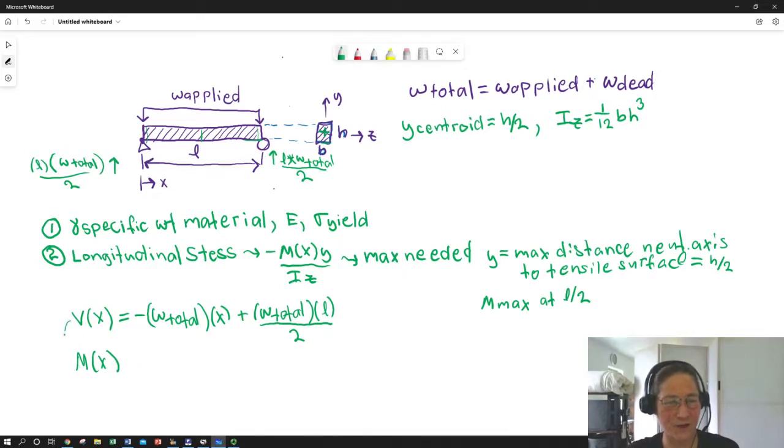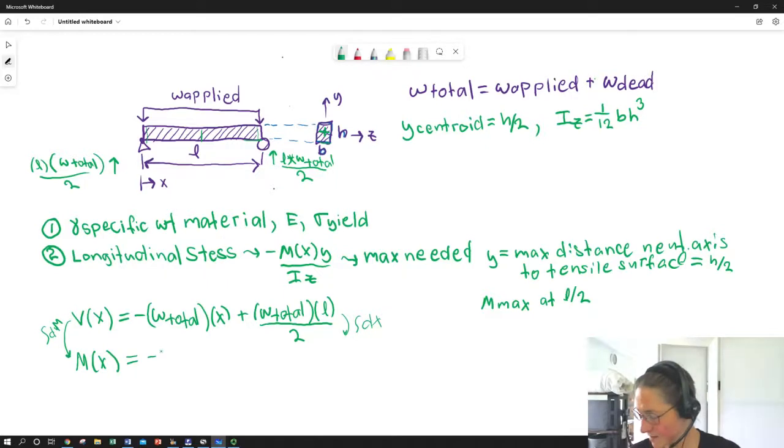Basically, we integrate dV, dM, and dx, and we're going to end up with, not surprisingly, the integral of a polynomial, W total times x squared.